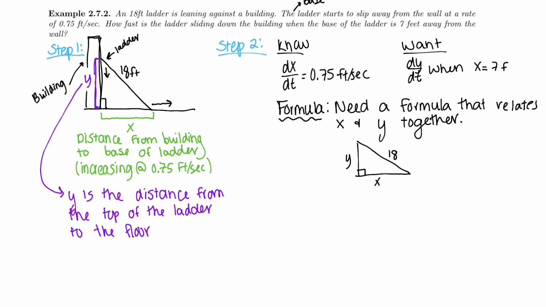We have a very popular formula here that says that if you have a right triangle, the sum of the squares of the legs is equal to the square of the hypotenuse. It's a squared plus b squared equals c squared. So we get x squared plus y squared equals 324. That's the formula we can use to relate them together.